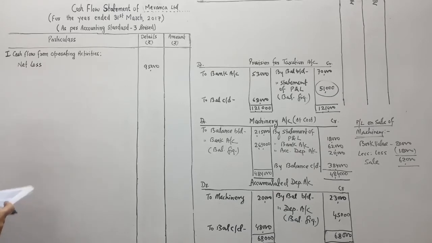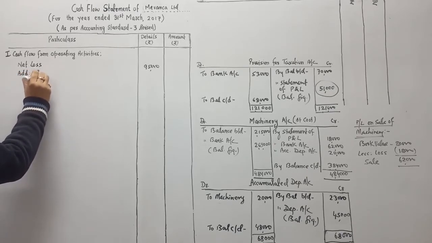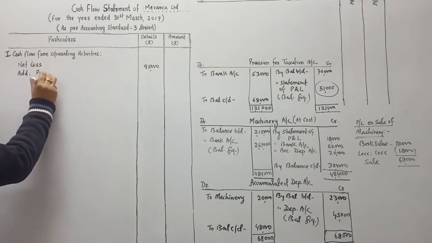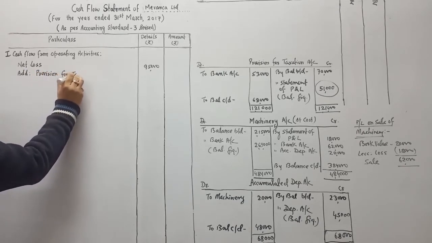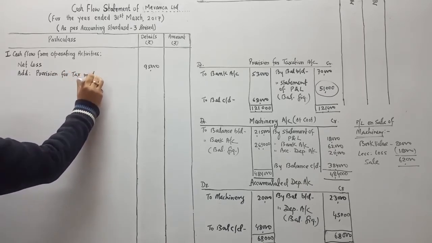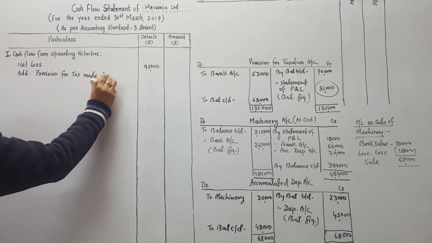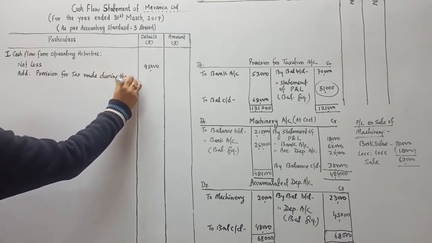What we'll do thereafter is add the tax on it. We'll add the provision for tax made during the current financial year.